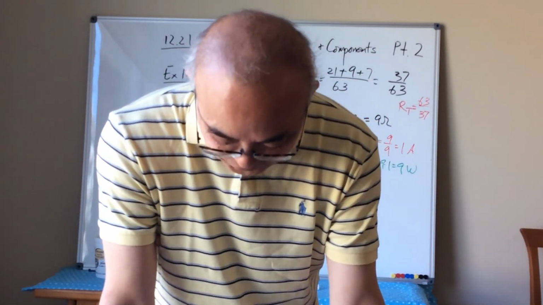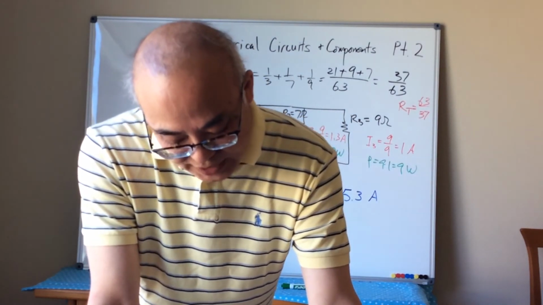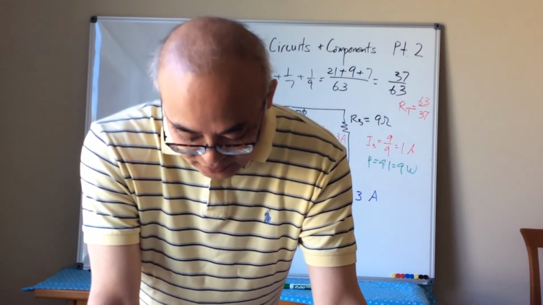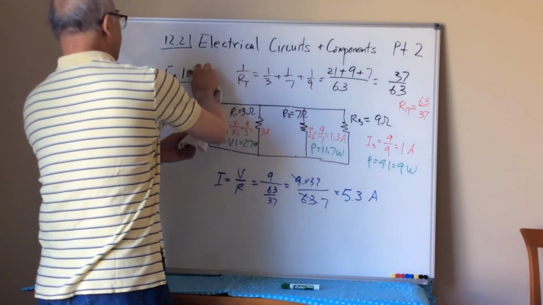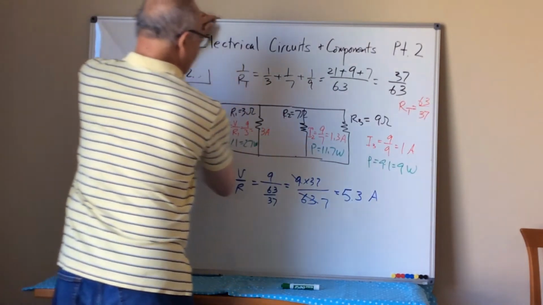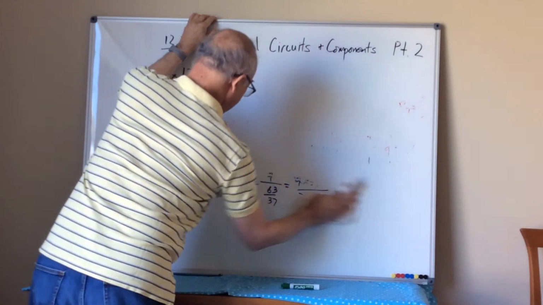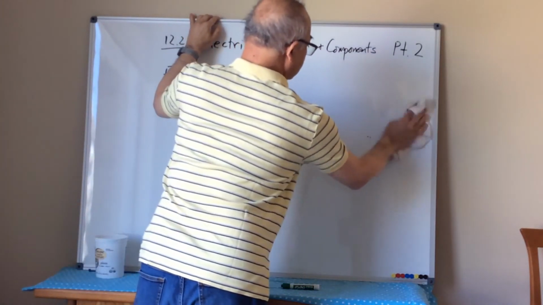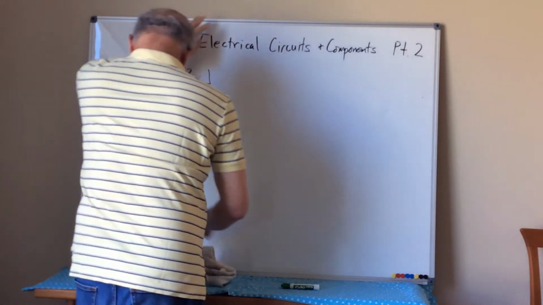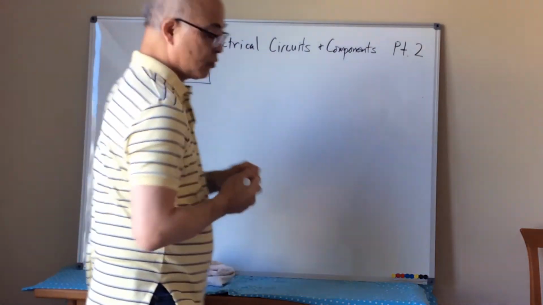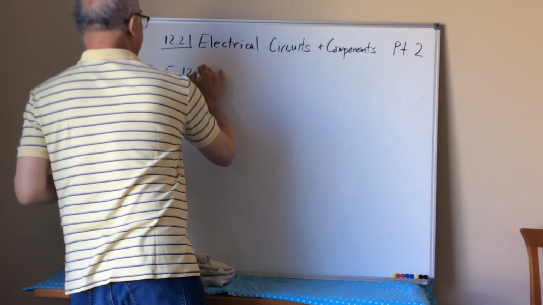On page 415, it gives you a series and parallel together type of situation. So let's look at that quickly. I'm not going to go through the entire thing, but I'll set it up for you. This is 12.6.